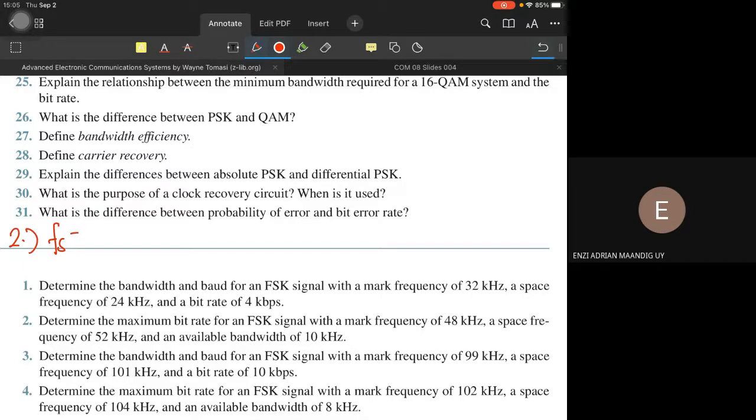Is that right? The mark should be 52, and FS is 48, with an available bandwidth of 10K.